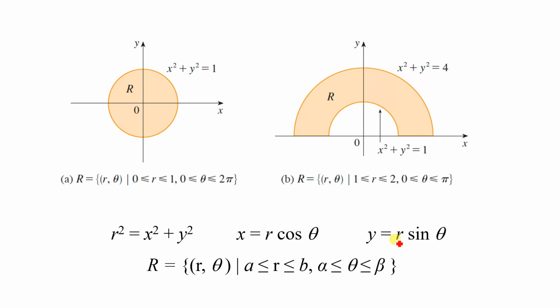Then we divide the angle interval [alpha, beta] into n subintervals.